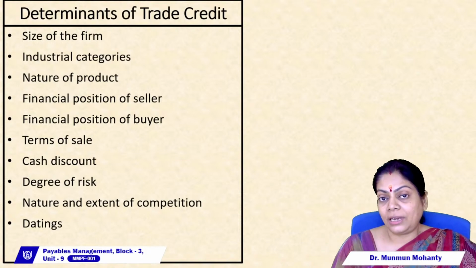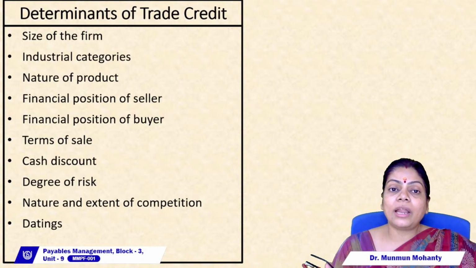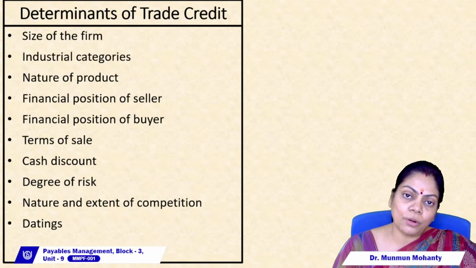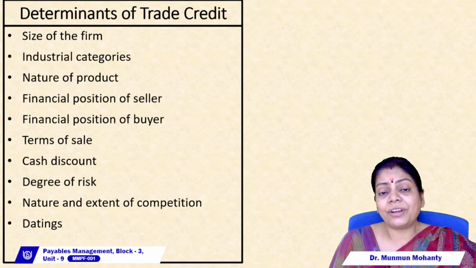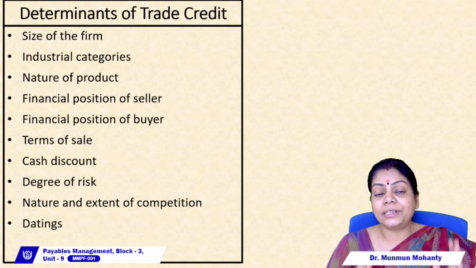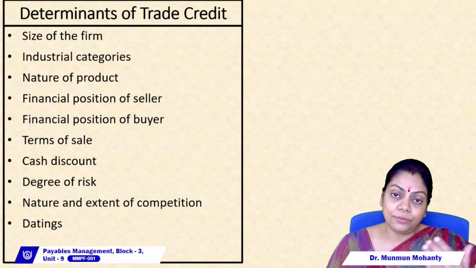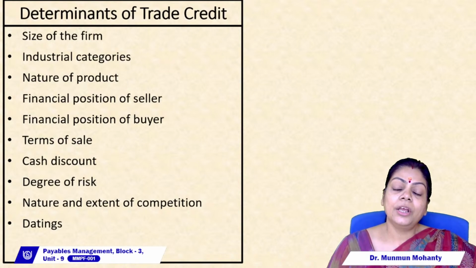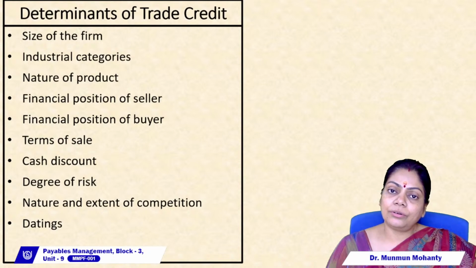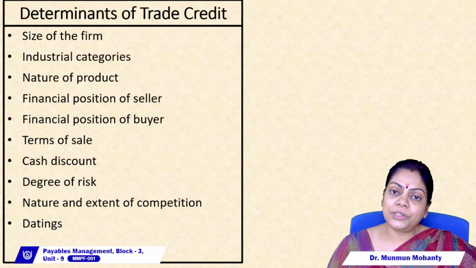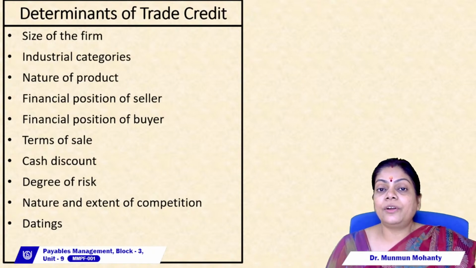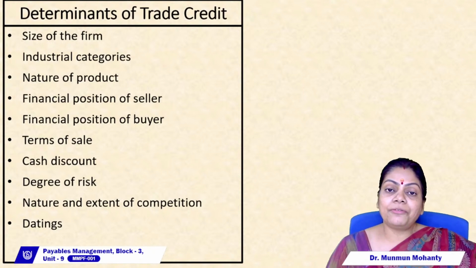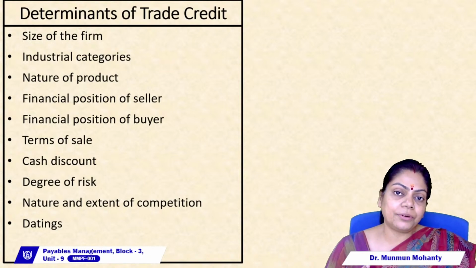Even if you don't grant any credit, your client is bound to buy from you, because you command the monopoly power. But if there are several suppliers available in the market and there is tough competition for gaining market share, you need to entice the client to do business with you. And how can you do that? You can do that through the introduction of a very lucrative credit term for the buyer. So the kind of competition will also decide the kind of credit policy that you will instill for your firm.